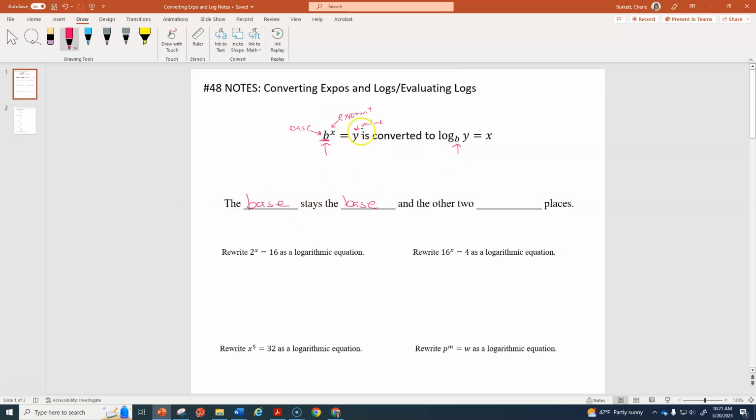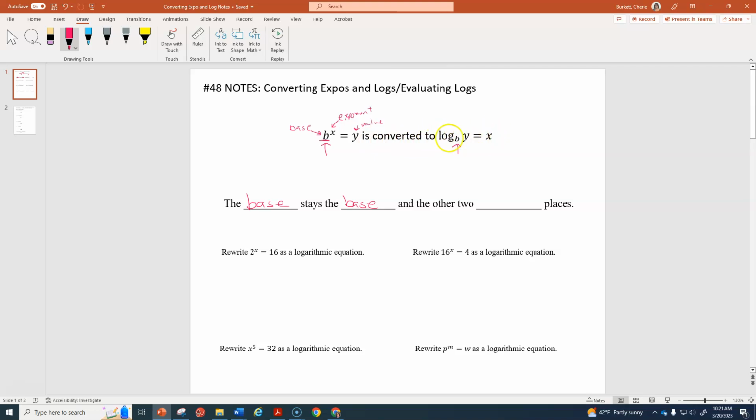And then the other two, the exponent and the value, switch places. So the exponent becomes the answer, and the value becomes the problem, the part of the log problem. So this reads b raised to the x power is equal to y. That's converted to log base b of y is equal to x.